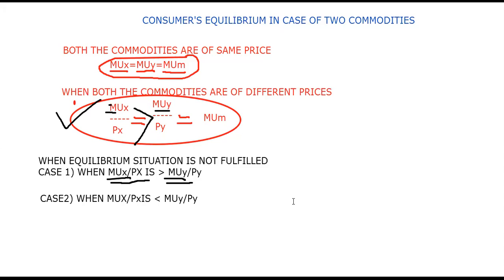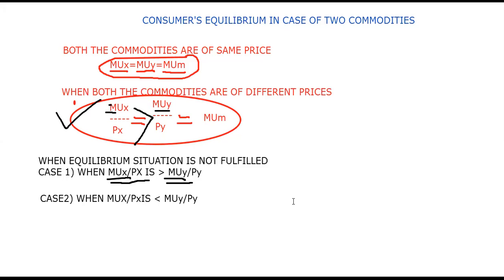अब ऐसा करने से क्या होगा? When he buys more of Y and less of X, what will happen at this point? The utility derived from Y will start falling due to LDMU, and the intensity to buy the commodity X will rise. कब तक होगा ऐसा?